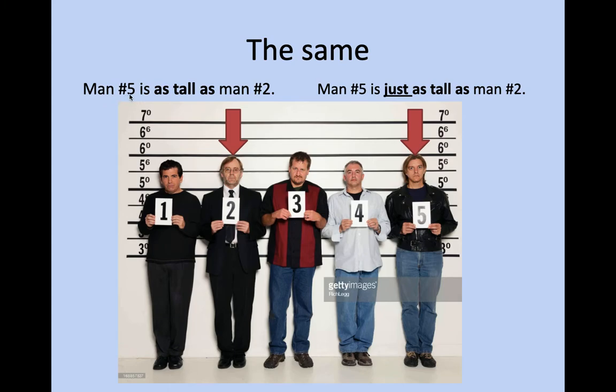Man number 5 over here is as tall as, if we're looking at this line, man number 2. You can see they're the same. They're both on that black line. You could also say man number 5 is just as tall as man number 2. You can reverse it, because it's the same. I could say man number 2 is as tall as man number 5. It doesn't matter.